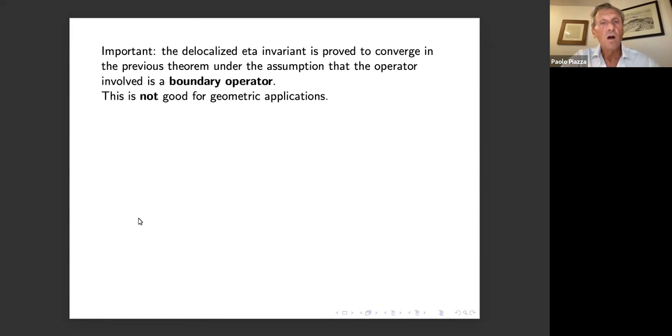Of course, from my point of view, this is not good for geometric applications, because for defining delocalized secondary invariants, you want to start from a closed manifold, not on the boundary of a manifold.